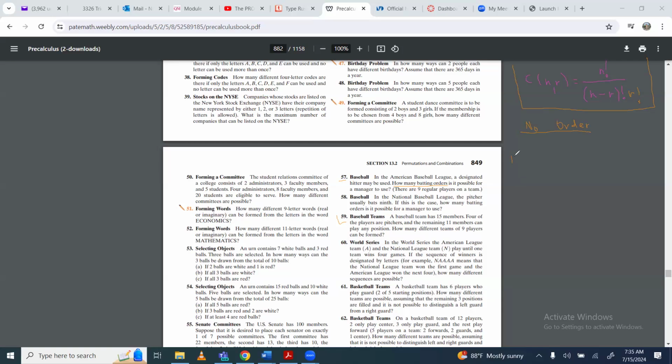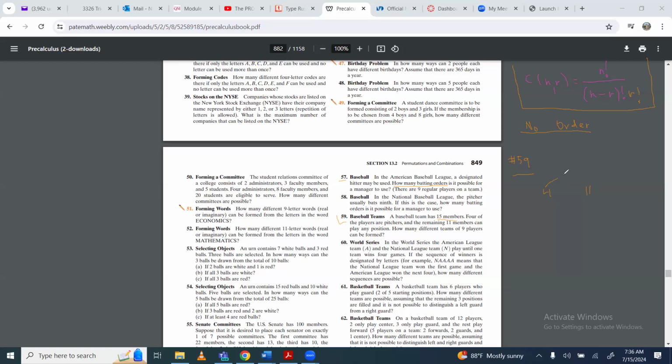Maybe a little bit more on the challenging side, but we can try it just to see that the combination story is utilized. So they say 15 members, 4 of the players are pitchers, and the remaining 11 play at any position. So there are 4 pitchers and 11 that can play at any position.